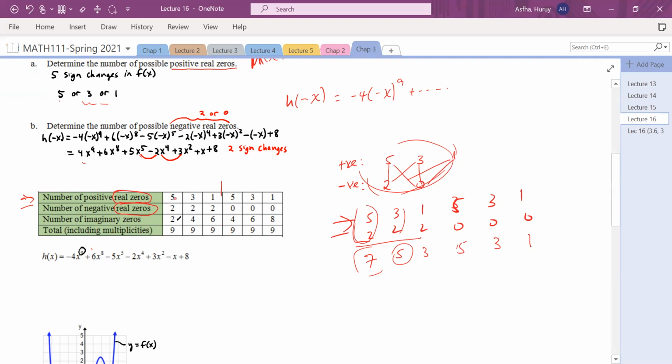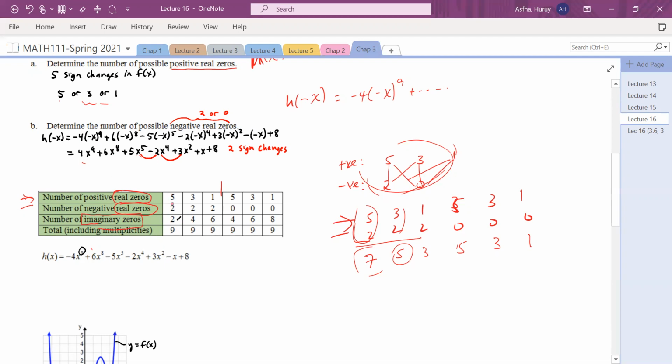So in order for the sum to be 9, that means we have some imaginary zeros. We have some imaginary zeros, because the sum of the negative and the positive real zeros doesn't add up to 9. That's why we know there exist some imaginary zeros. Therefore, here we have 7.